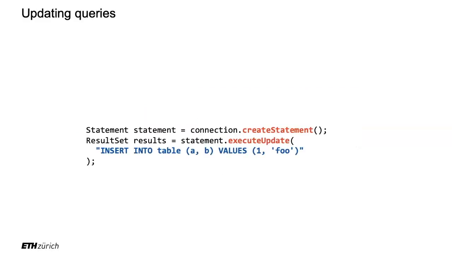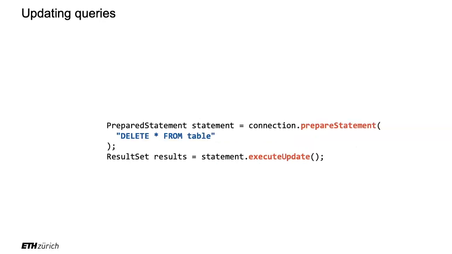Now you can also update the database like this, right? Instead of execute query, you have execute update and this insert into and so on. So typically when a customer places an order, that's what you do. You will insert the order into the database. When somebody creates an account, you insert a new record in the list of your users, right? So this is how it all happens in Java.